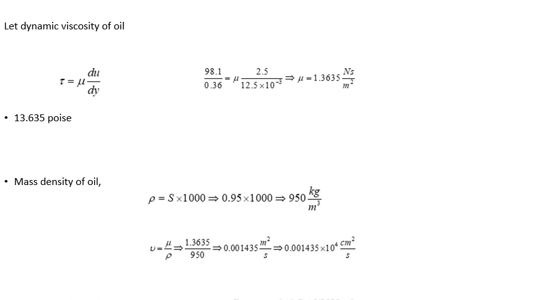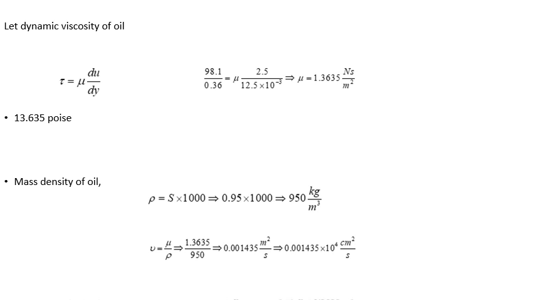So for that reason the mass density of the oil is equal to specific gravity into 1000. The specific gravity is 0.95 into 1000. That means the density of the given oil is 950 kg per meter cube.